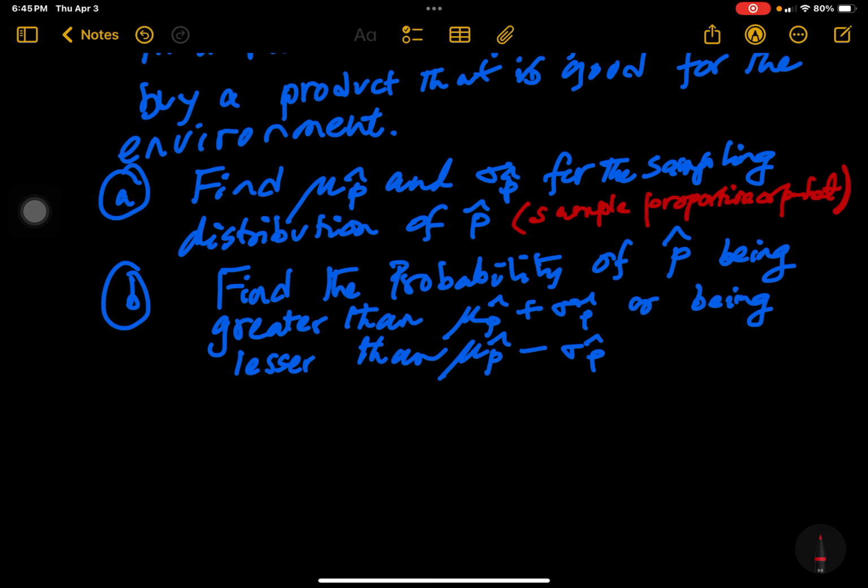Now we will use the central limit theorem.